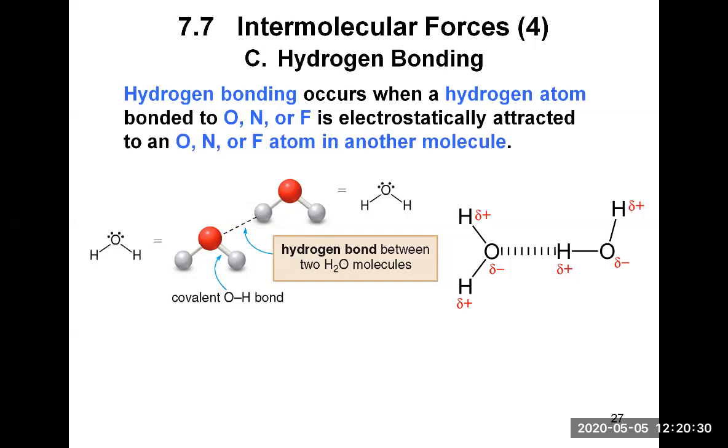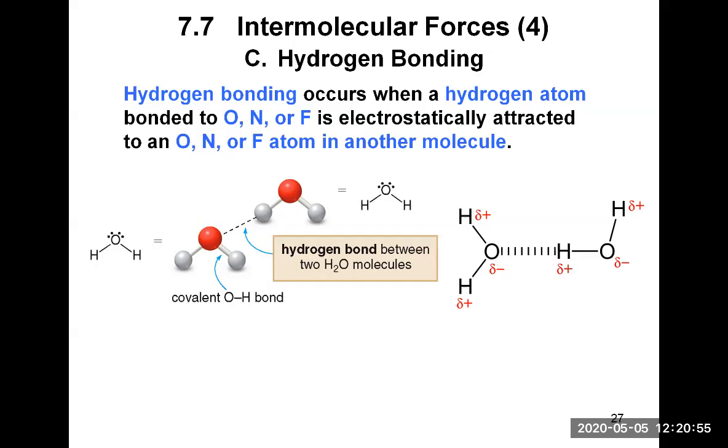That's because oxygen is more strongly electronegative than hydrogen. So it will attract the electrons towards itself more than hydrogen. And so the oxygens are partially negatively charged and will be attracted by the hydrogens of another molecule.